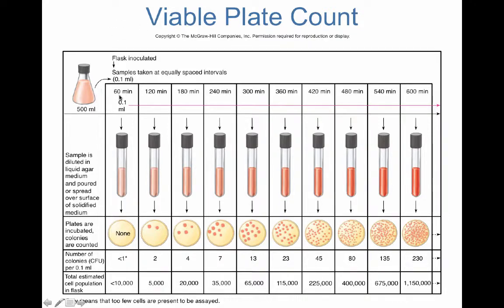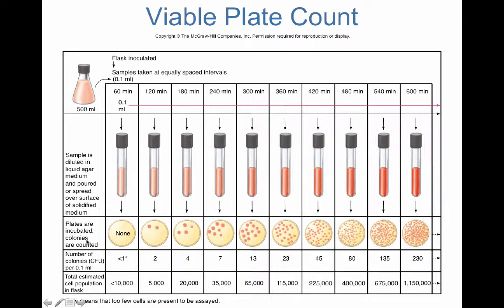So we're starting at 60 minutes all the way up to 600 minutes. You see we start off with clear media that's not turbid, there's nothing growing in it, and progressively it gets cloudier and cloudier. And at each stage you can plate a small volume and count the number of colonies that you see.